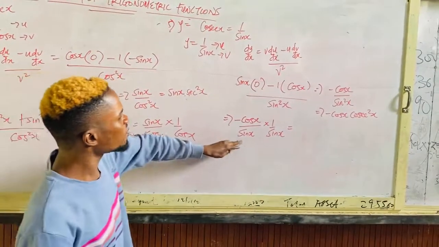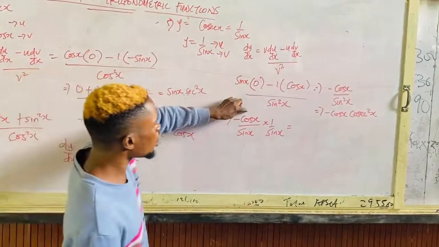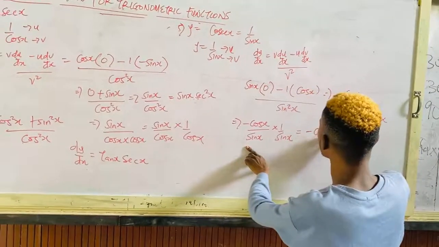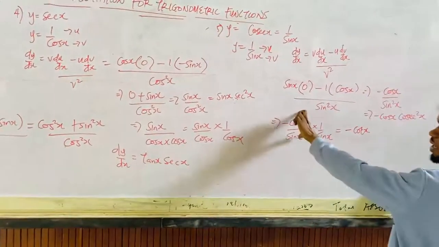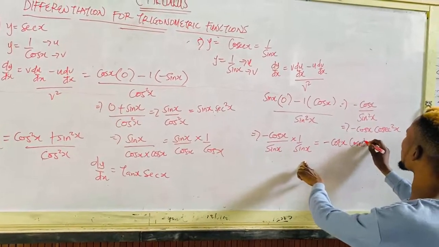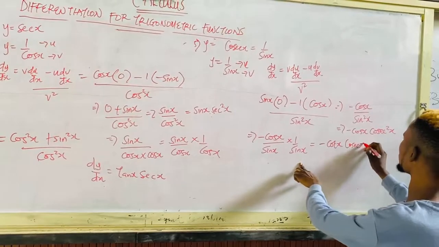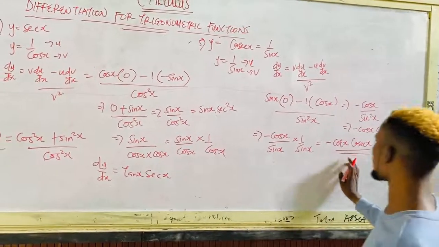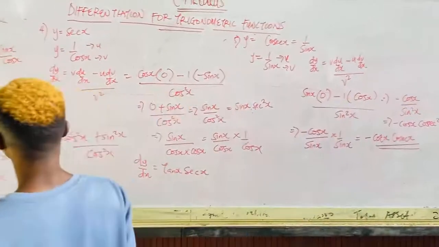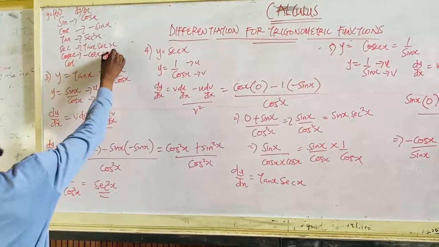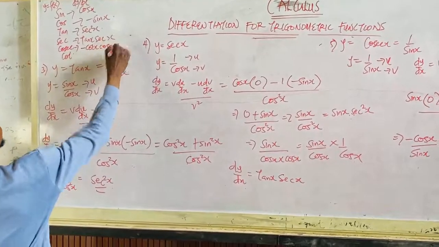Now sin over cos is tan, but cos over sin is cot. So that's minus cot x. The 1 over sin x is cosec x. Minus cot x cosec x.